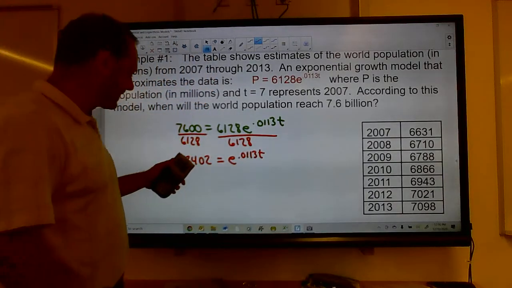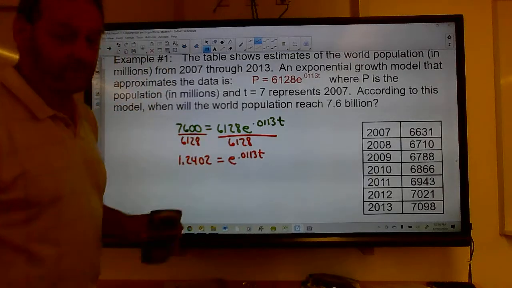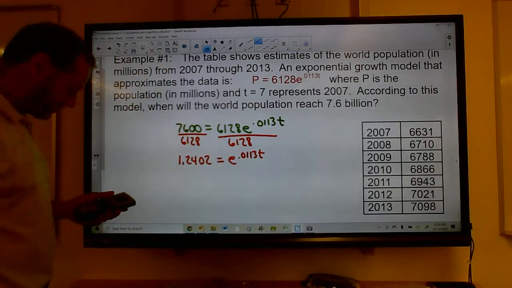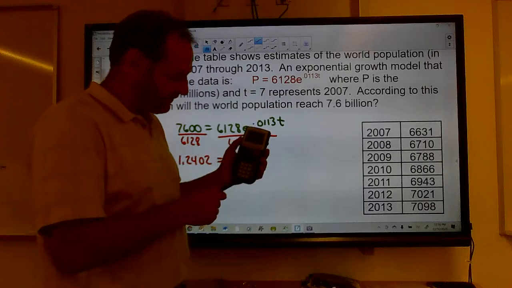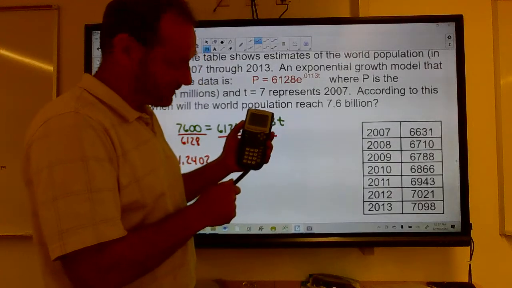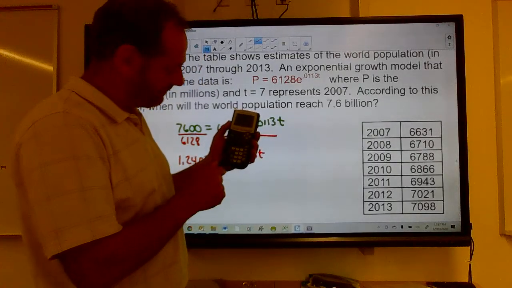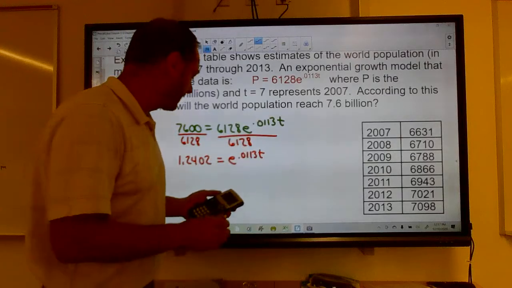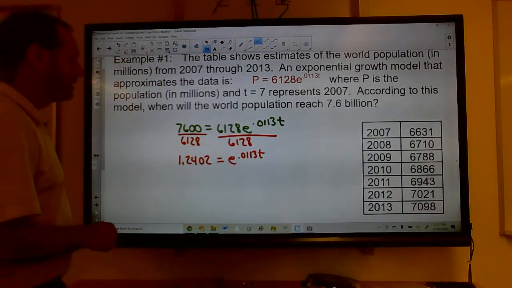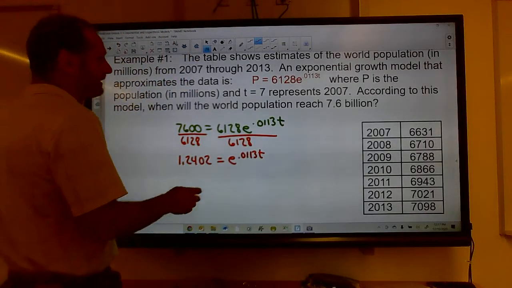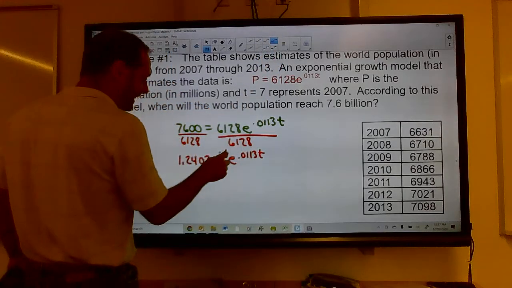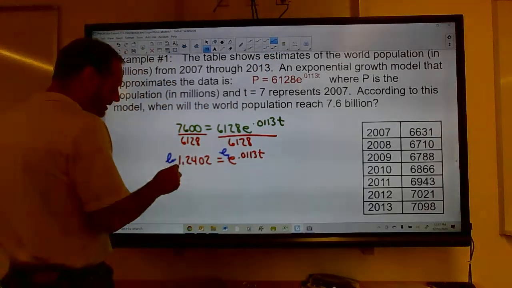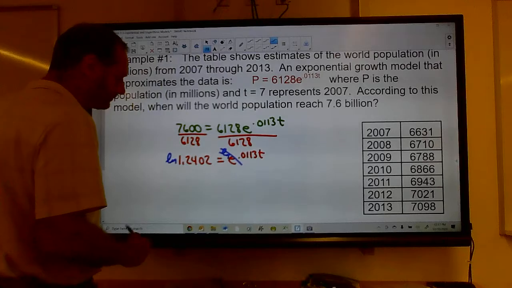Now, this is not exactly this number. I'm going to leave that number in my calculator. I'm going to use my answer key, which if you look at your graphing calculator down here at the negative sign at the very bottom, the answer key is right above that. You push the blue key and then the answer key, and it carries the entire answer forward. So the next thing I need to do is I need to natural log both sides of this, and that's going to get rid of the e.